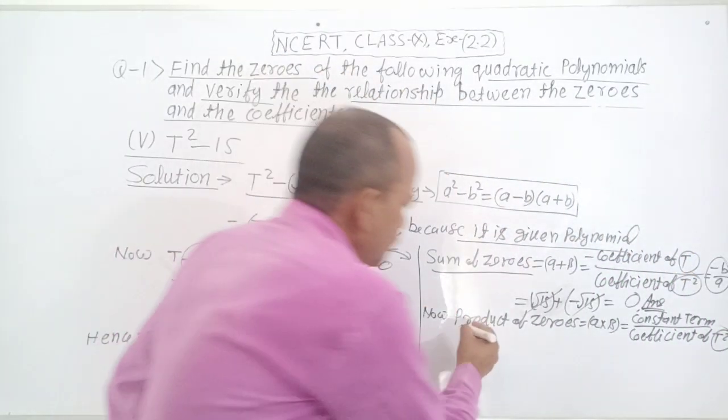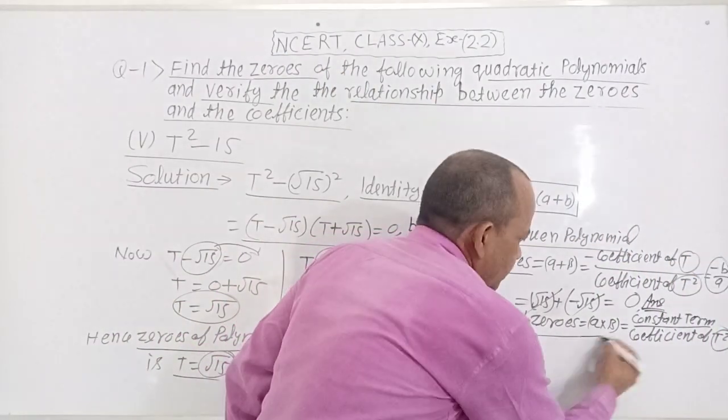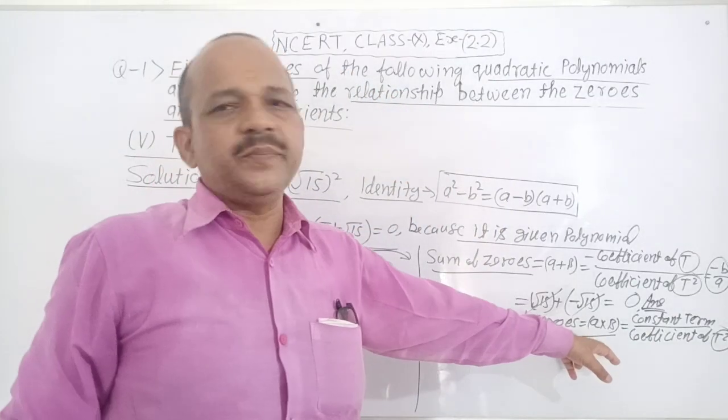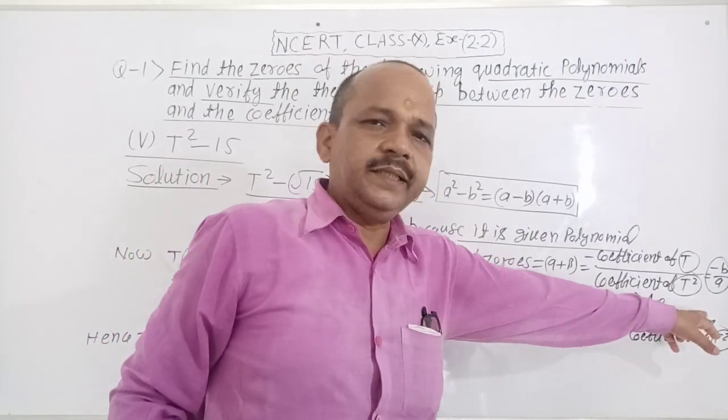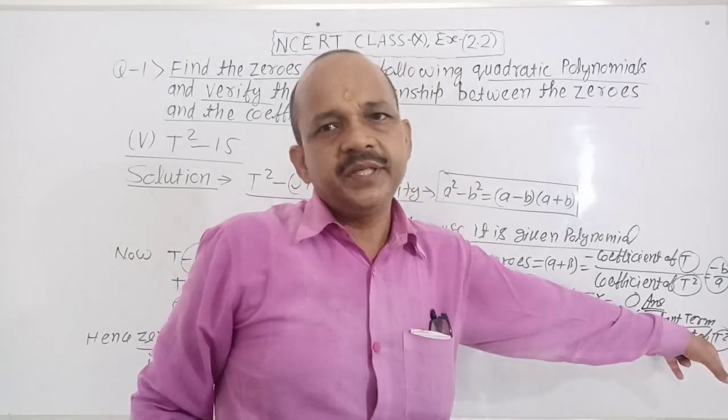It is clear? Product of zeros equal to alpha multiply beta equal to constant term upon coefficient of t square.